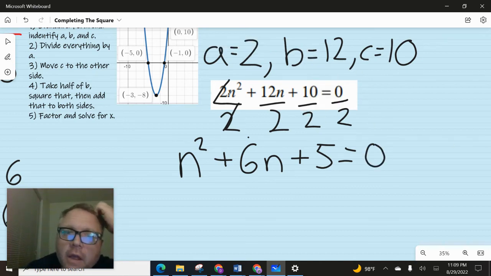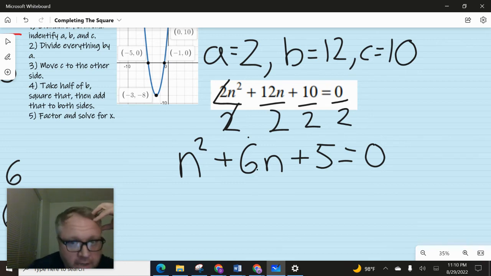I should clarify that when I say take half of b, this is going to change. We're going to take half of 6. Whatever term is in the middle, x or n to the first power, that coefficient is what we're going to cut in half, square, and add to both sides.